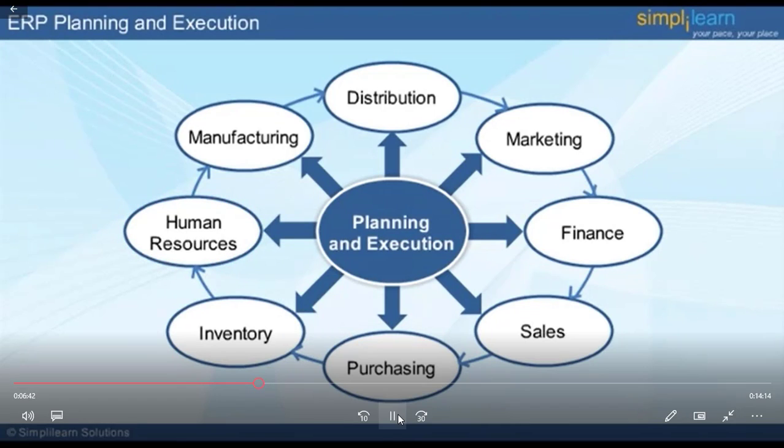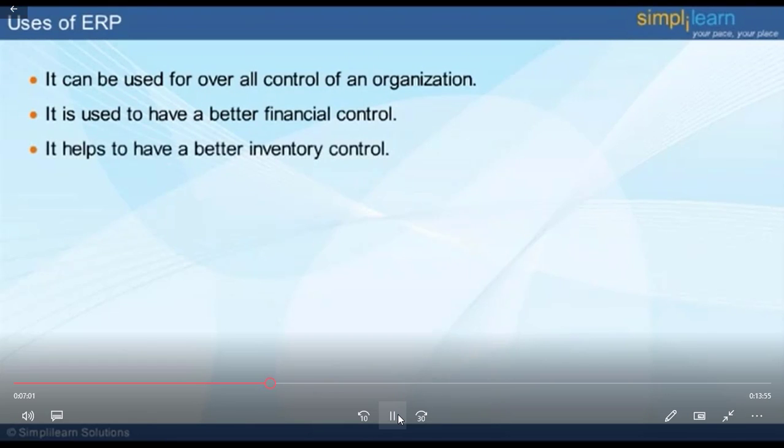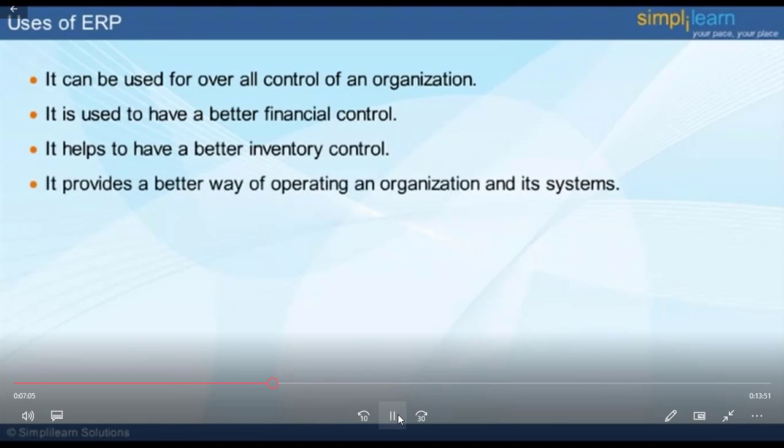We will now find out the uses of ERP. ERP has various implications across several business areas. ERP can be used for overall control of an organization. It is used to have a better financial control. It helps to have a better inventory control.